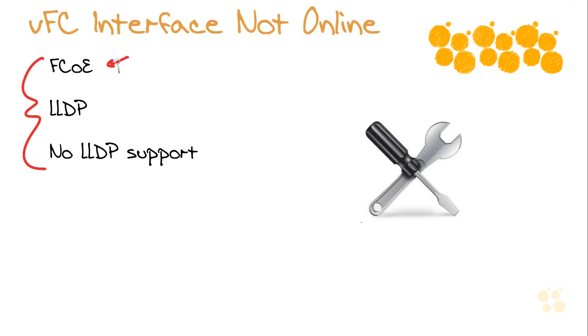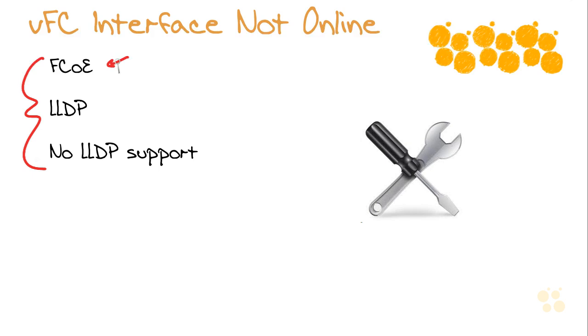Now, we can use the show LLDP interface command to ensure that link layer discovery protocol transmit and receive are enabled on the interface and that our peer supports LLDP. If LLDP is disabled, the virtual fiber channel will not come online.